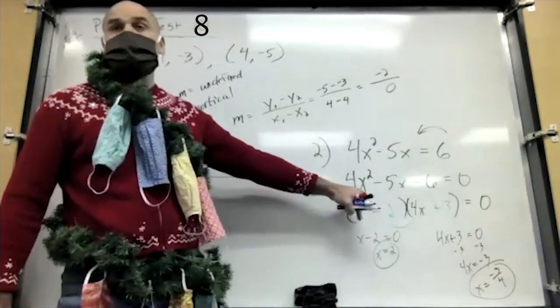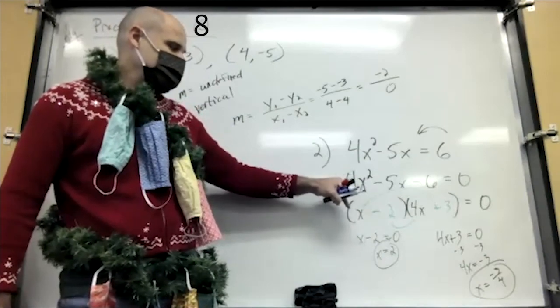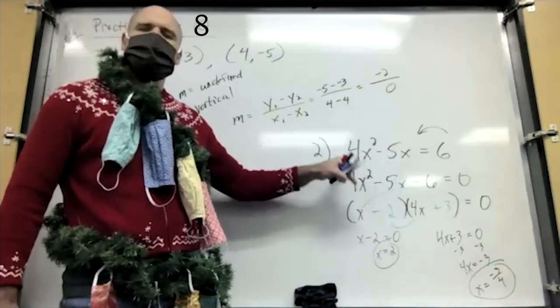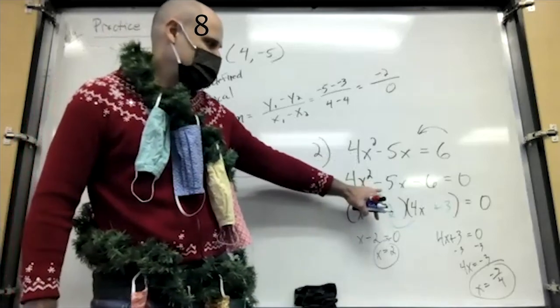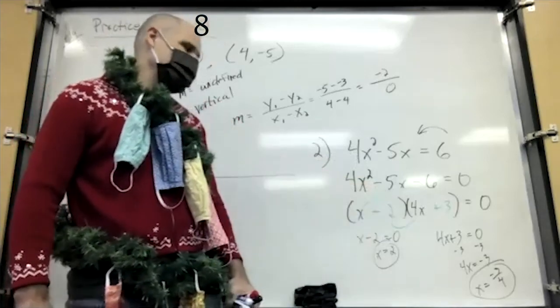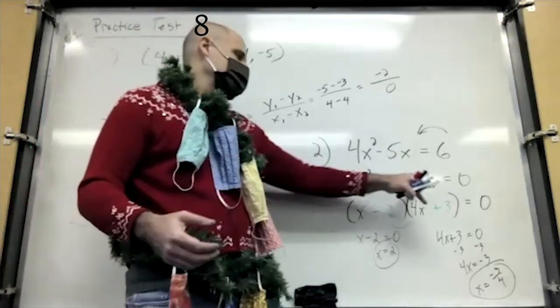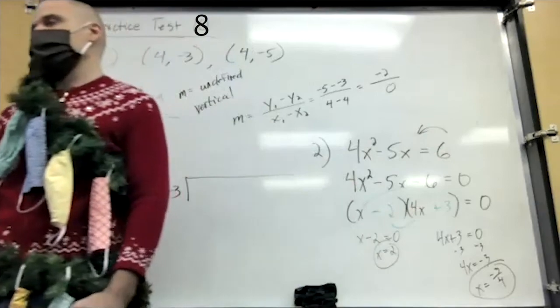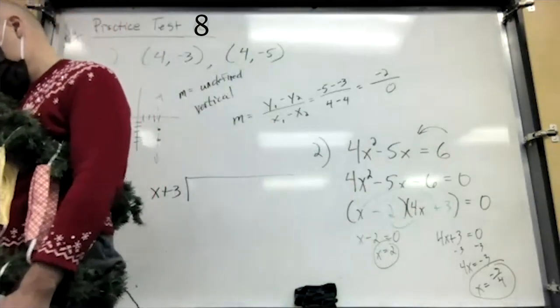Negative 3/4 squared is positive 9/16. So then you get 9/4 plus 15/4 is 24/4, which is 6. Minus 6 is 0. That works. Okay.